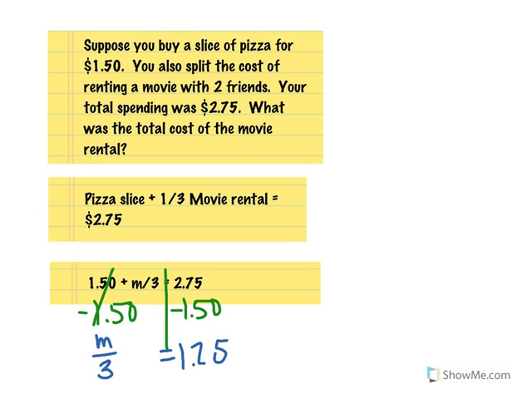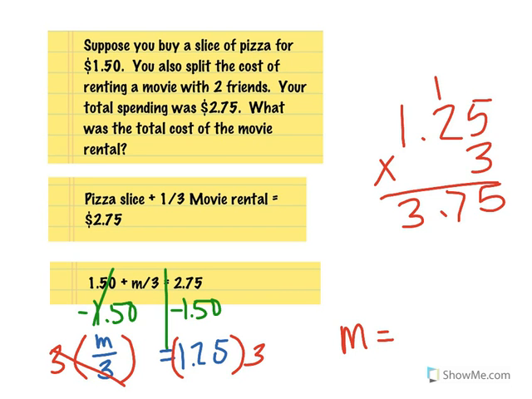And now to get rid of this M divided by 3, I'm going to multiply by 3. If I do it on one side, I have to do it on both sides to keep my equation equal. And now I have M equals 1.25 times 3, which is $3.75.